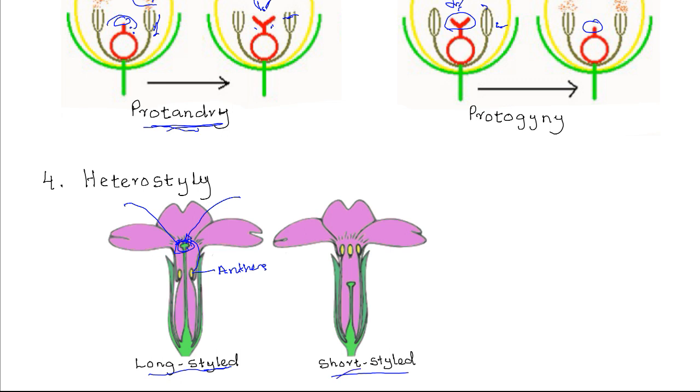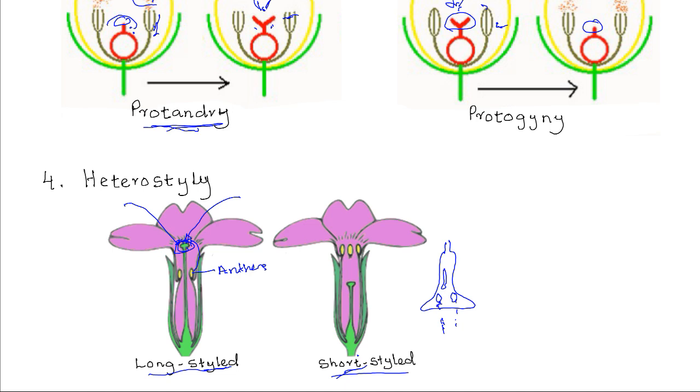In the short-styled flower, the anthers are above the stigma, and this of course will promote self-pollination. But in most cases, such type of flowers tend to hang upside down like this, so that with the anthers at this point and the stigma below, when these anthers release their pollen grains, the pollen grains tend to fall off.